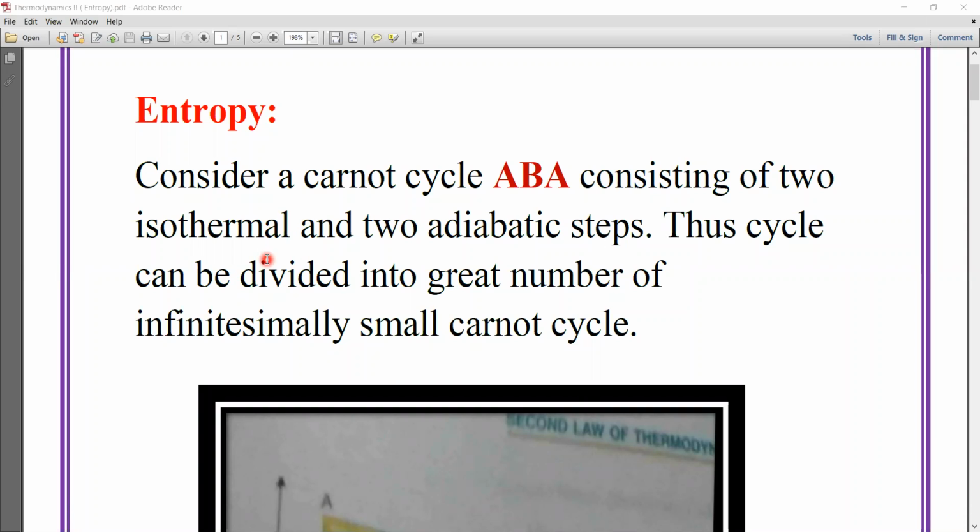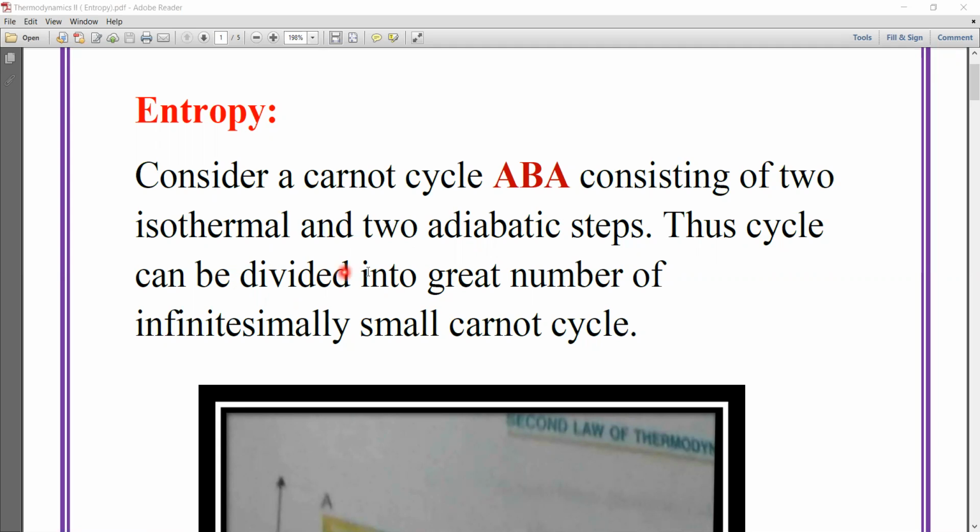What are the four steps of Carnot cycle? Isothermal expansion, second adiabatic expansion, third isothermal compression, and fourth adiabatic compression. So these are the four steps we have seen.